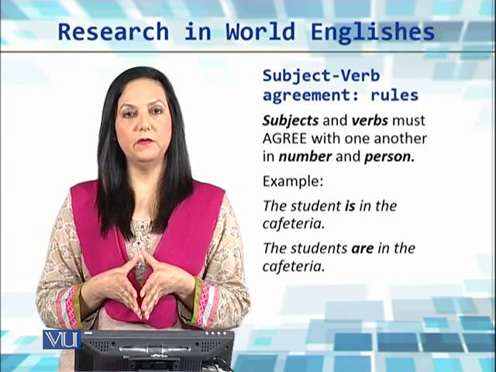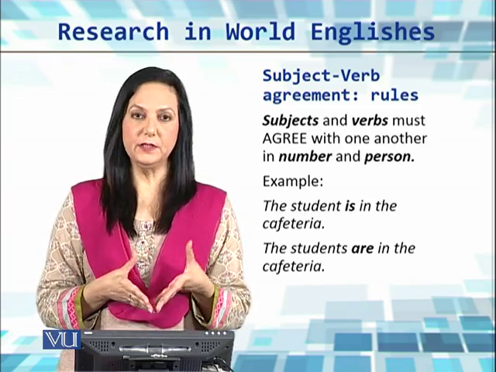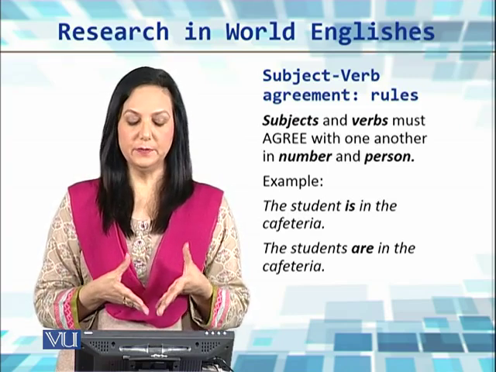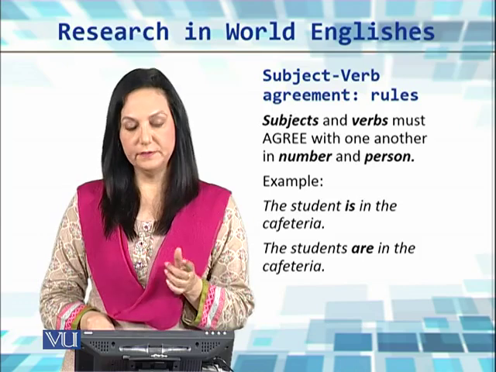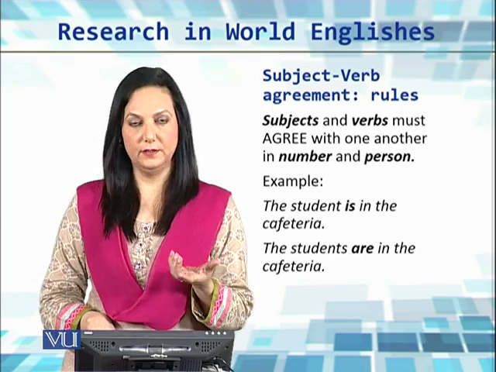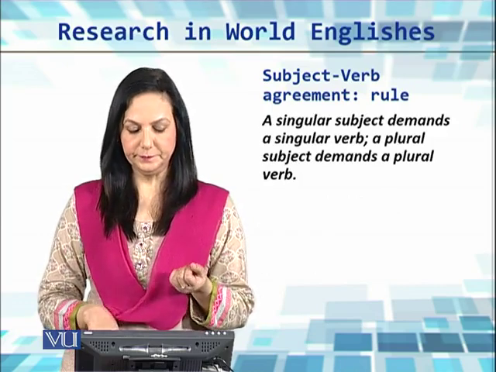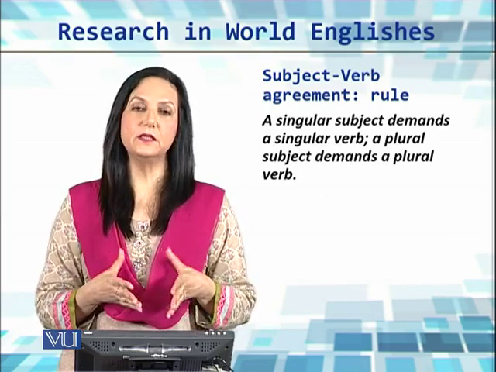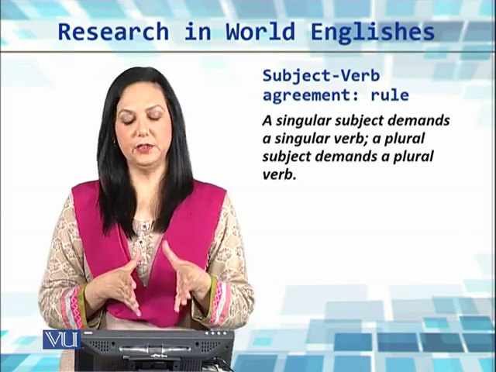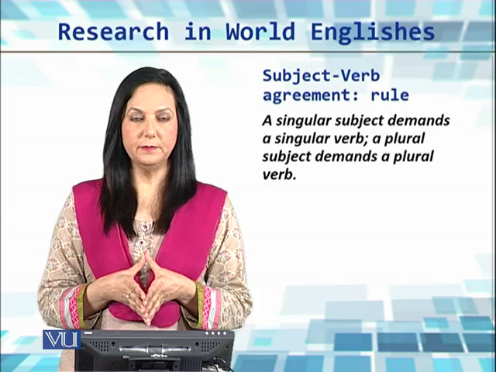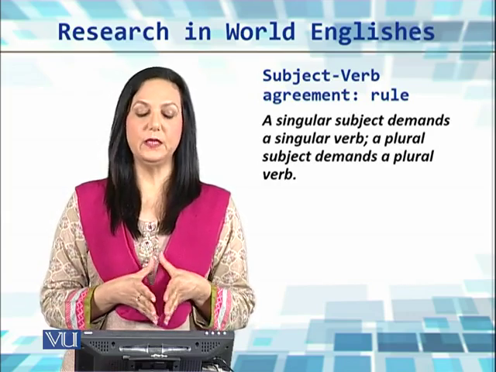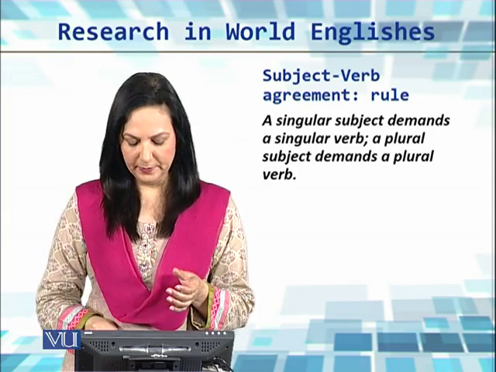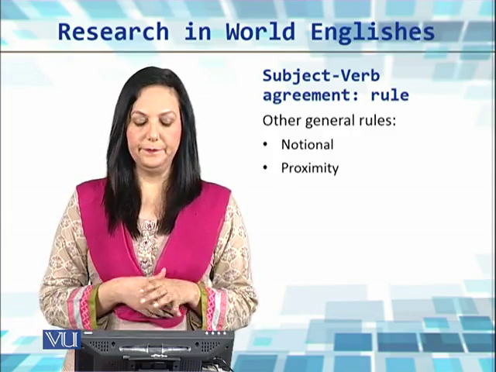In terms of number and person, the students, third person plural, must take the verb are and not any other verb. So we can summarize the rule as: a singular subject demands a singular verb, a plural subject demands a plural verb. This is how we can summarize the subject-verb agreement rule.